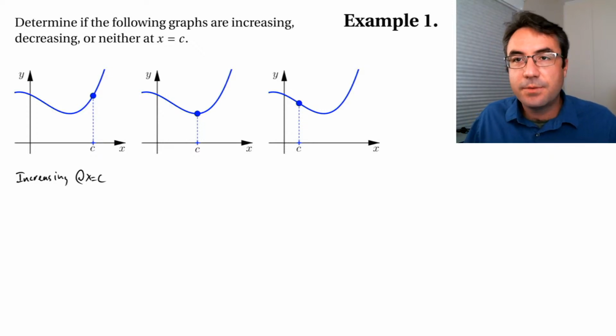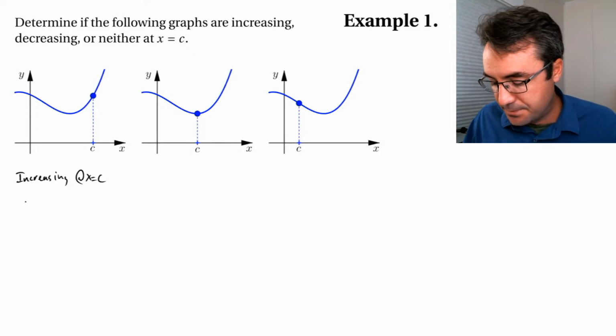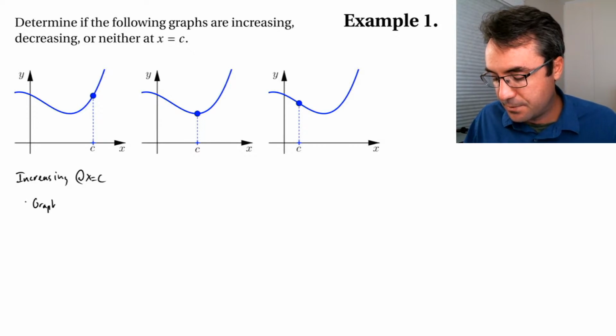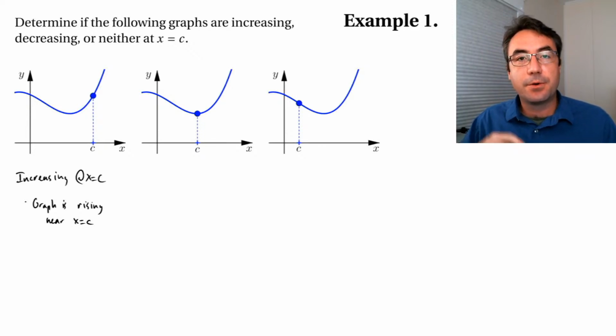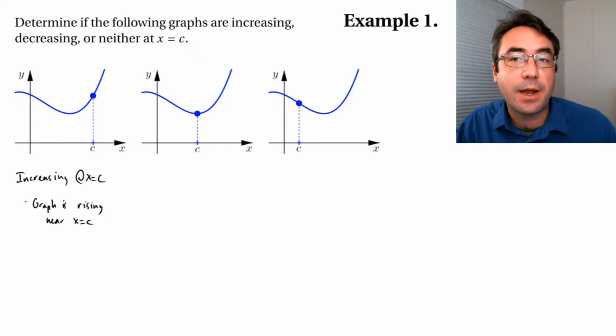So why is it increasing? Well, a few reasons. First, the graph is rising. It's going up near x equals c. So right around that point, the graph is moving up as we go from left to right.